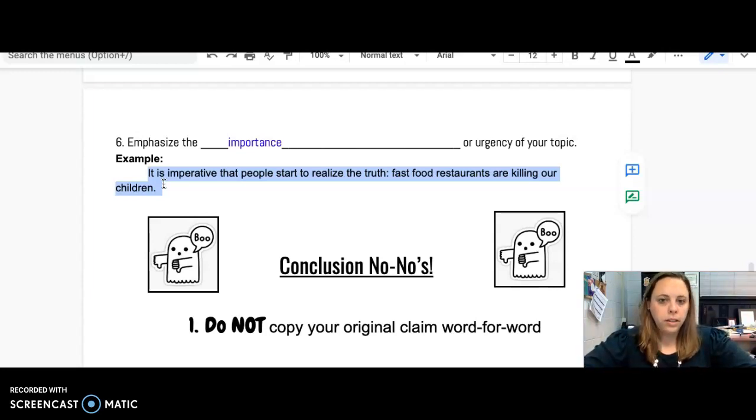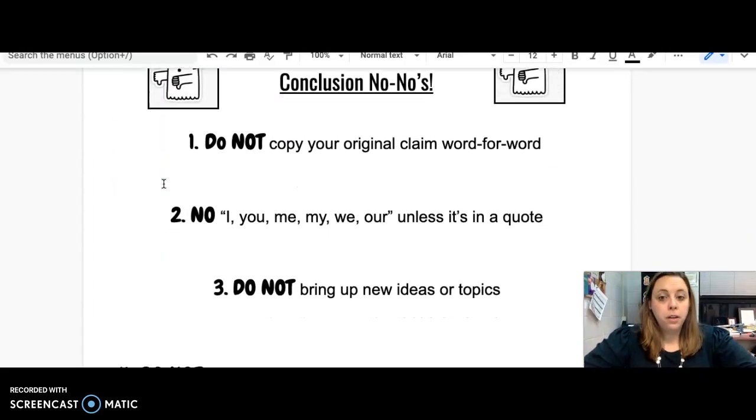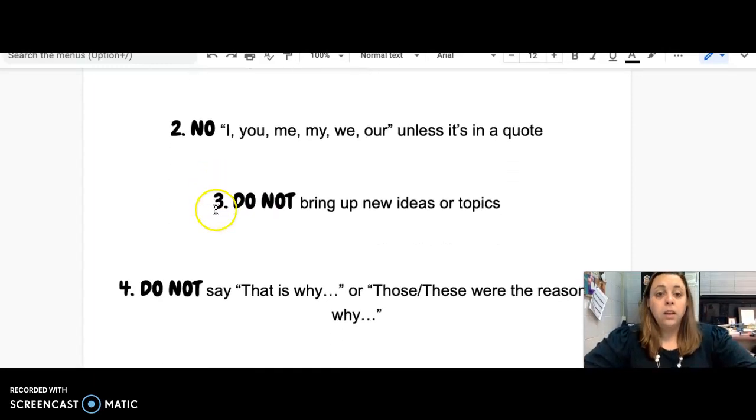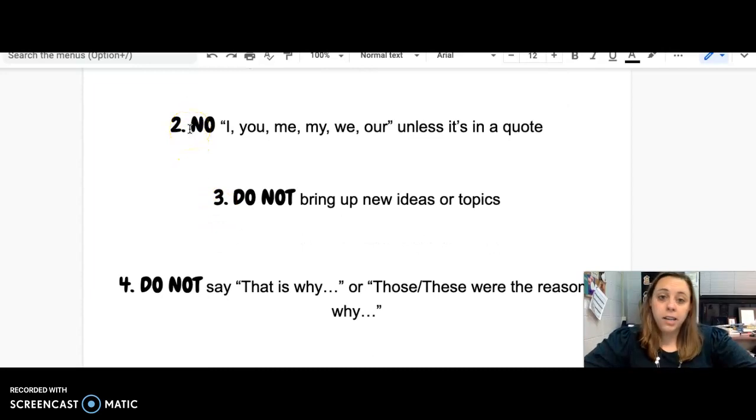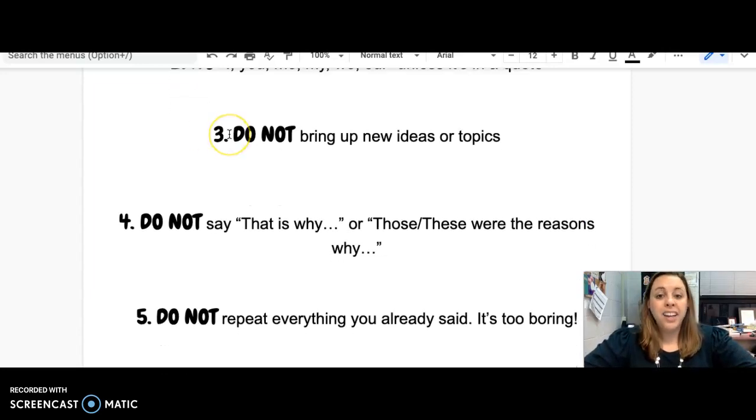So what I want you to look at too are conclusion no-nos, okay? Number 1, do not copy your original claim word for word. I don't want to see you copy and pasting that down there. That helps nothing. Number 2, we're not using I, you, me, my, we, or our. Those are first and second person pronouns. We don't use them in formal writing. Number 3, I don't want new ideas in here.